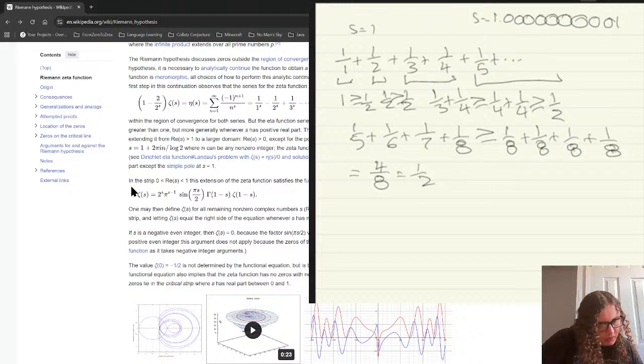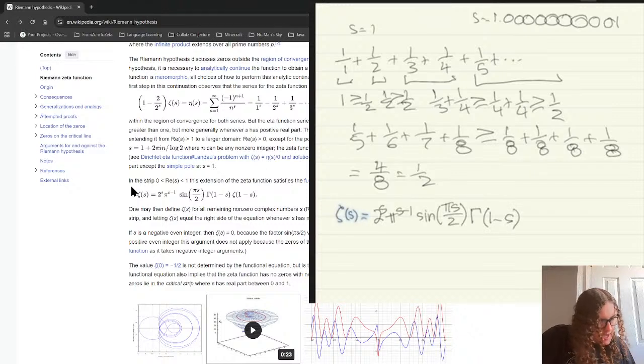So we get zeta s equals 2 to the s, pi to the s minus 1, sine of pi s over 2, and then capital gamma of 1 minus s, whatever that is.